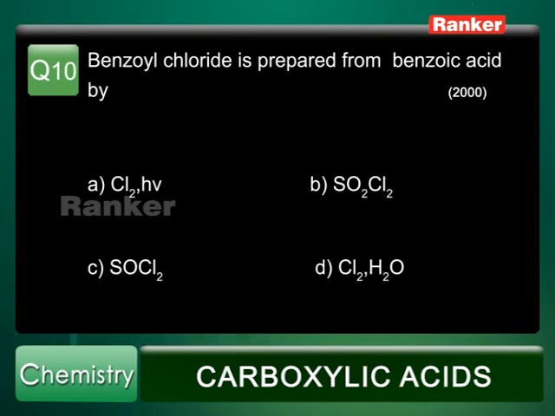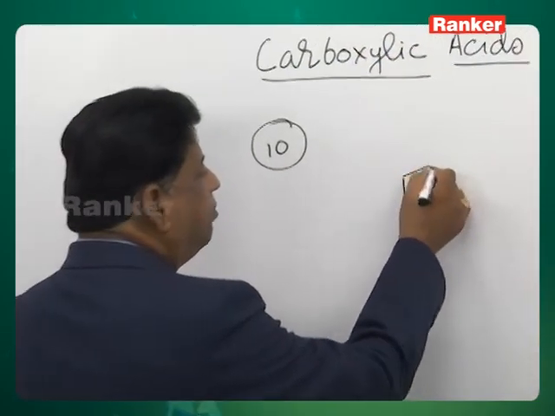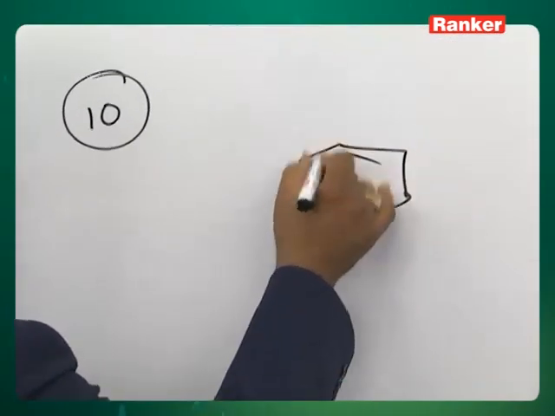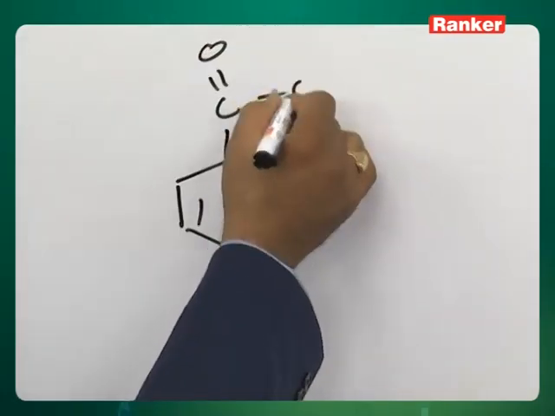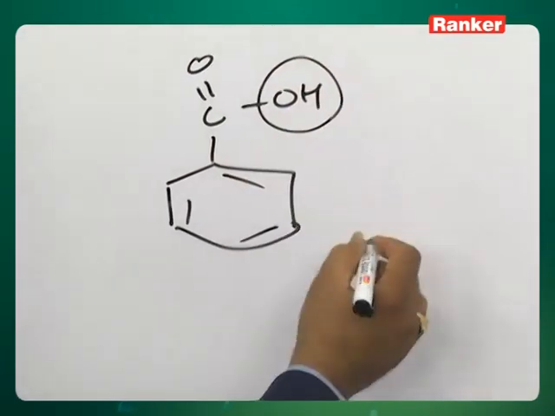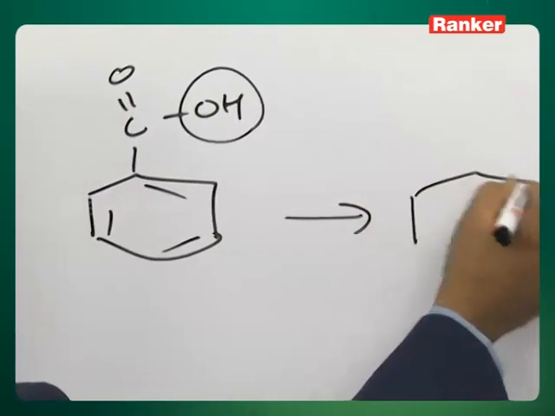So no doubt all these are chlorinating agents and benzoic acid is going to become a chlorinated product. But what is benzoic acid? Benzoic acid is benzene having a CO and the OH. Here this OH is going to become chloride.